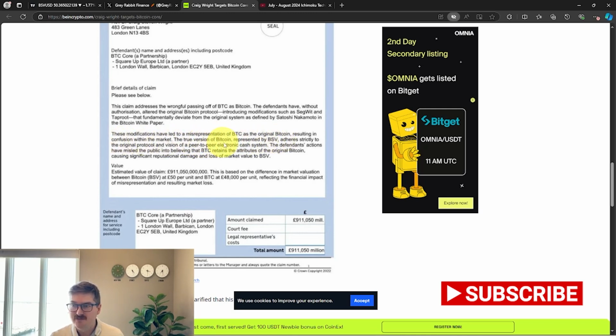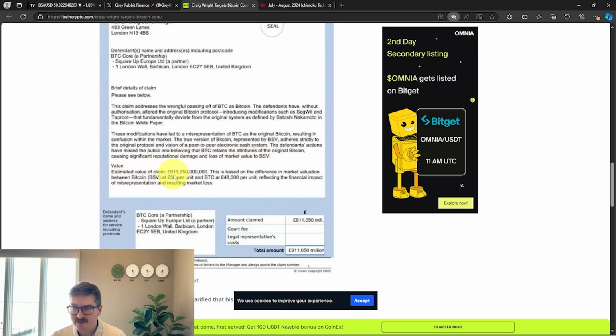The true version of Bitcoin, represented by BSV, adheres strictly to the original protocol and vision of a peer-to-peer electronic cash system. The defendants' actions have misled the public into believing that Bitcoin Core retains the attributes of the original Bitcoin, causing significant reputational damage and loss of market value to BSV.